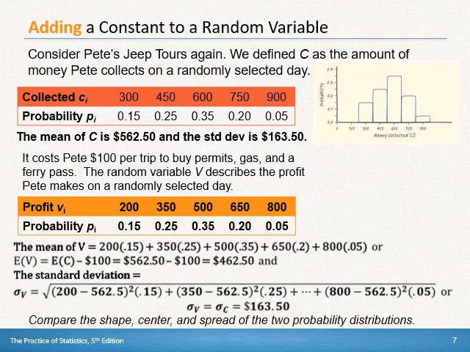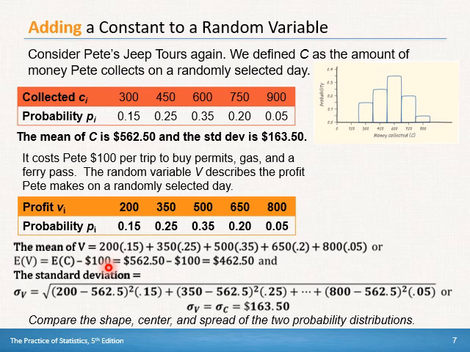We could go through the whole process again of taking each value of V and multiplying it by its probability, like we're doing here, and adding them all up. That's sort of a weighted average, our expected value of V, and the expected value of V will just be the expected value of C minus $100.